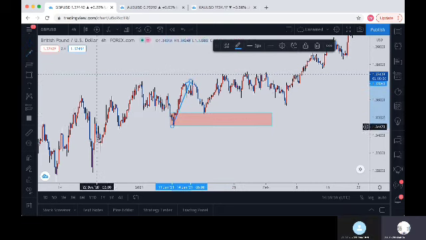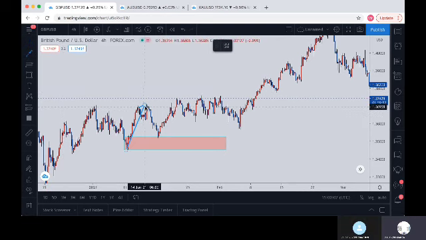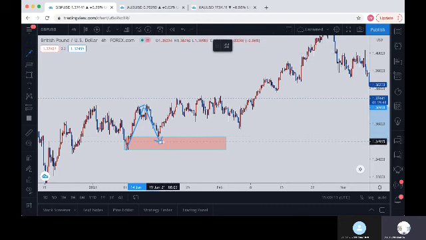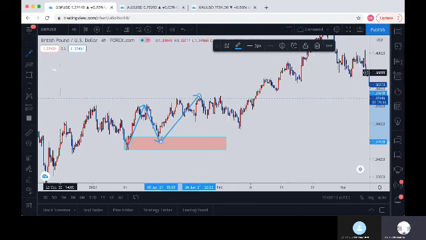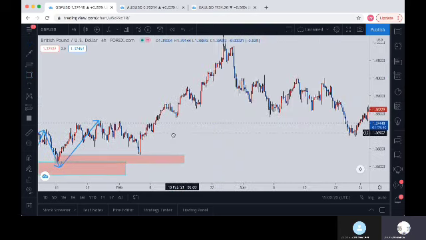Usually, whenever you see something like this, it's on a bigger trend or a bigger move. Because you have this one, and then you have this push down here, and then you have this push up here again, and then you have your zone down here again, right? Usually this is what you will see.